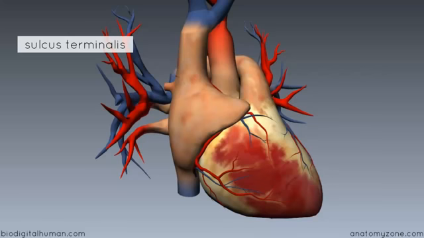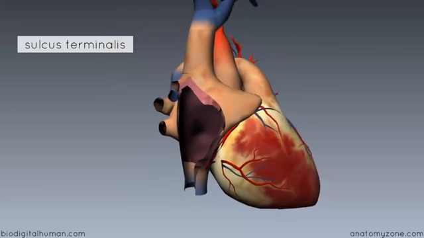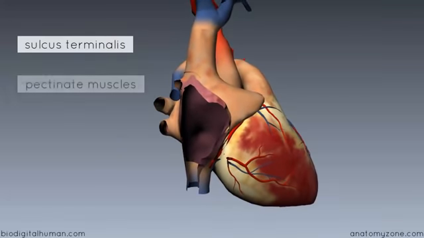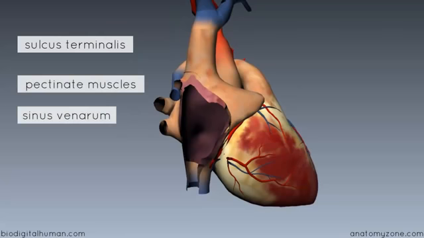So you've got this vertical groove here called the sulcus terminalis, and this externally marks the two divisions of the right atrium. This line separates the right atrial pectinate muscles from the sinus venarum.